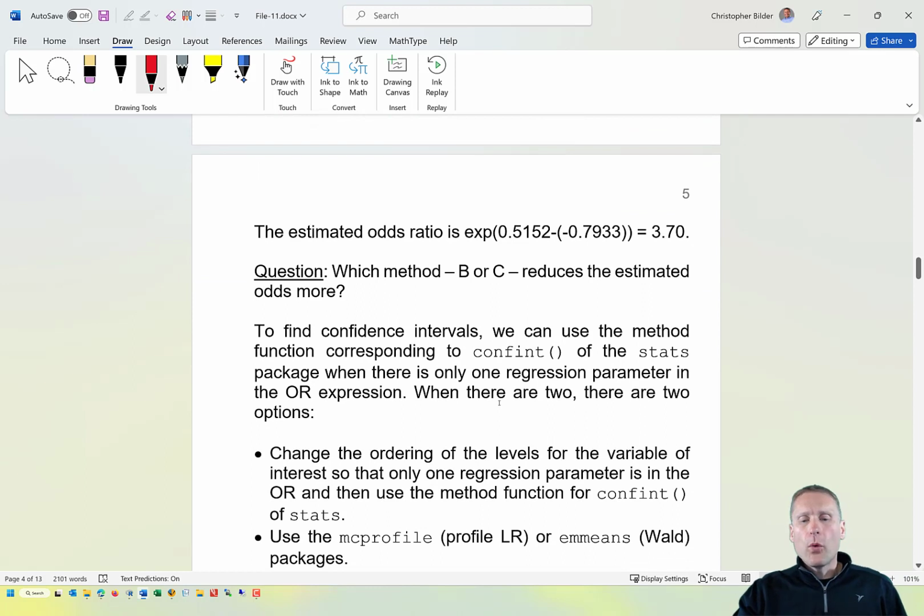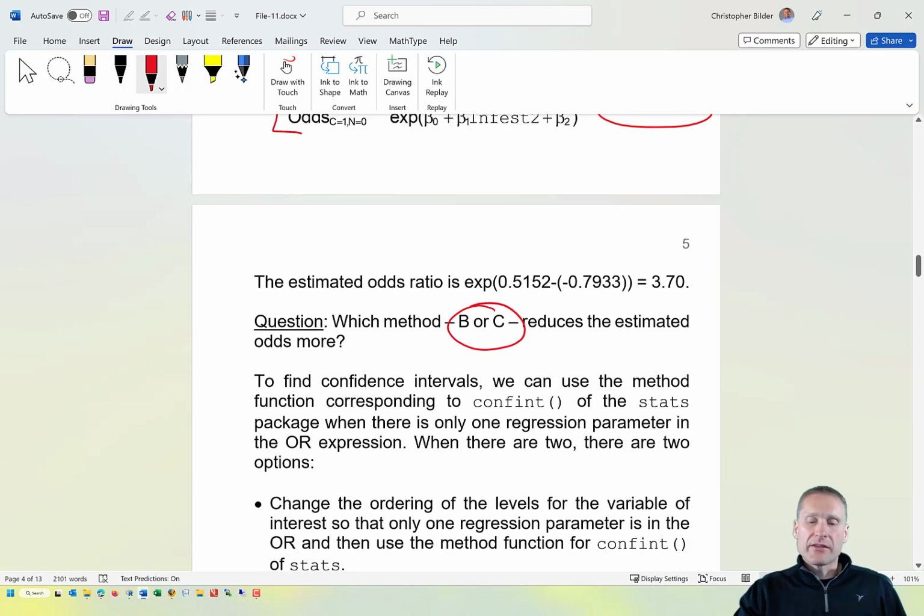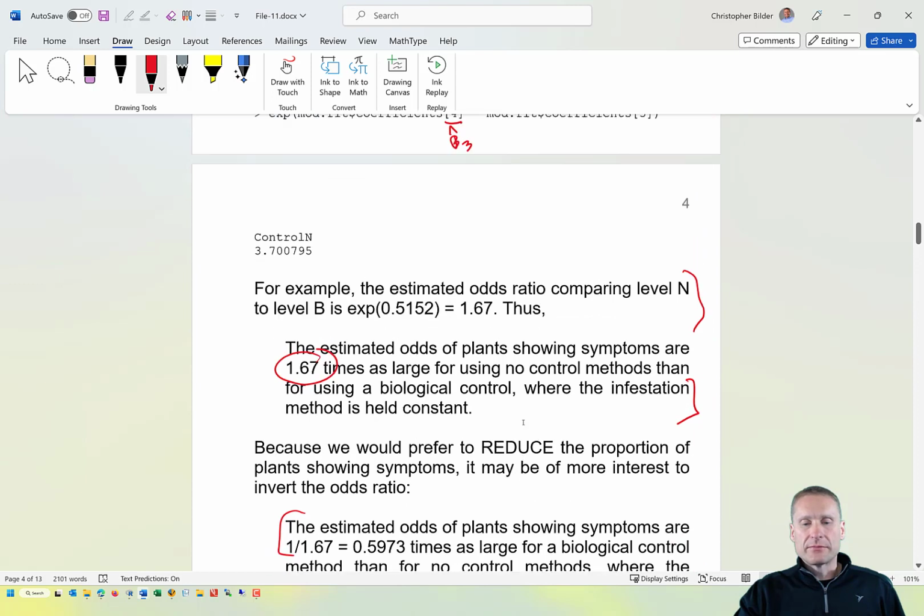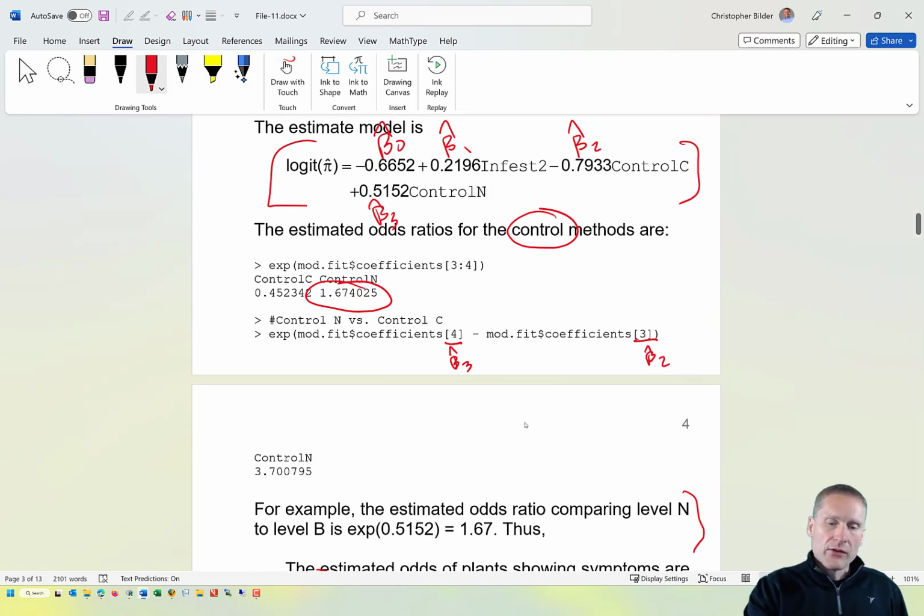Okay, so which method, B or C, reduces the estimated odds of being infected more? Let's go back up here. This is my estimated odds ratio comparing C to B. Notice the odds of infection are less for C, since that's in my numerator, than it is for B. So which reduces the odds of infection more, which is estimated to?